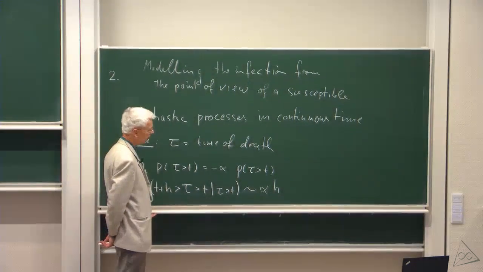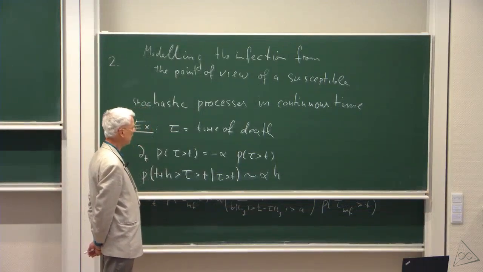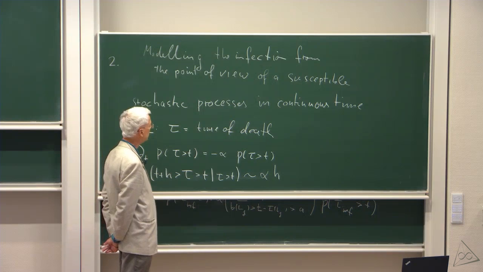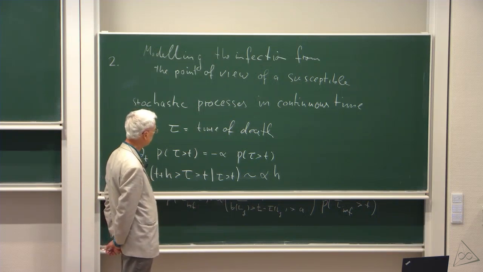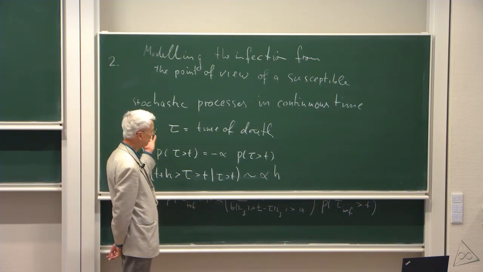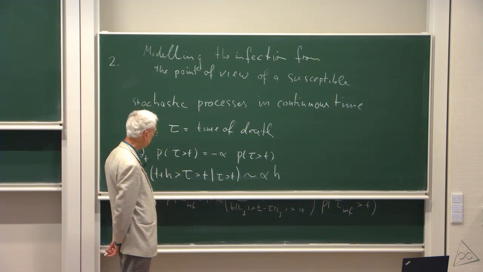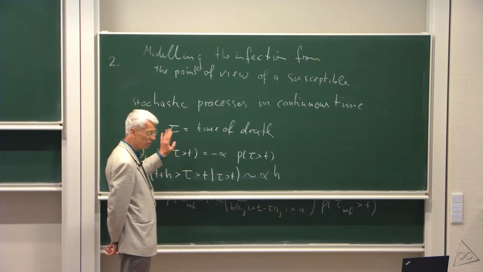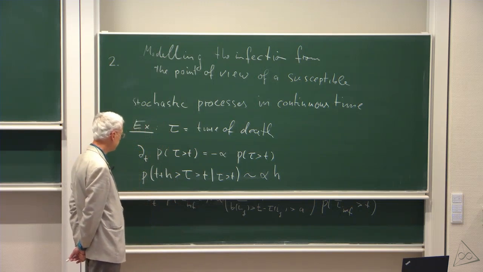So let's start with the simplest process that I can think about in continuous time. So time is just our ordinary time. But the process, of course, is a process of death. So for each individual, it is a time tau one when he is dead.